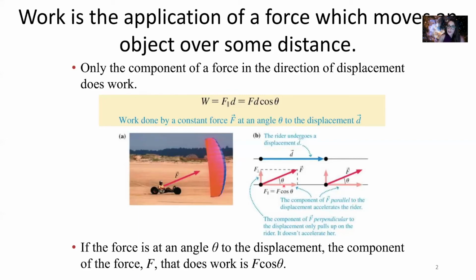We want the force component that's parallel to our displacement, parallel to our direction of motion. If this angle was theta, then the force component that's parallel to our direction of motion is adjacent to our angle theta. And if we're adjacent, then we use cosine. And so that parallel component of the force is equal to F cosine theta. So that's our work: force parallel times our displacement, F D cosine theta.